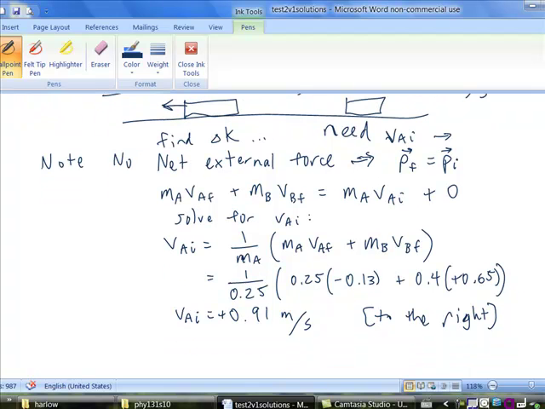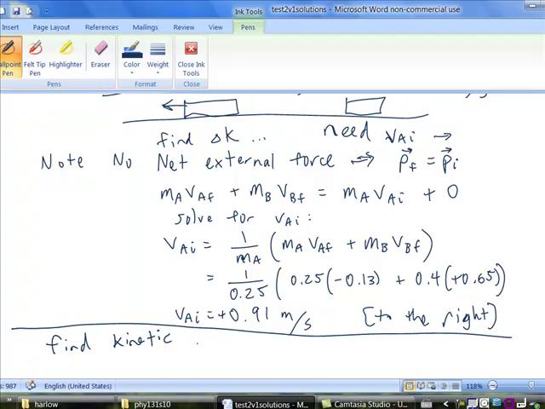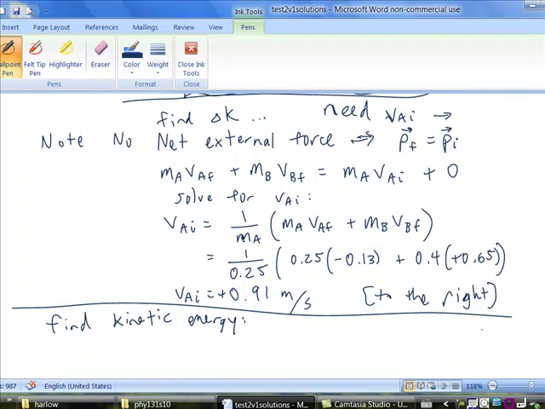So now we can find kinetic energy. So find kinetic energy before and after. So kinetic initial is going to be 1/2 m_A times V_A initial squared plus 0, because the other one's at rest.